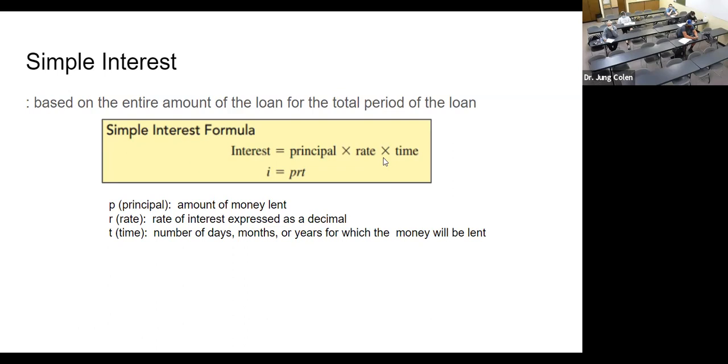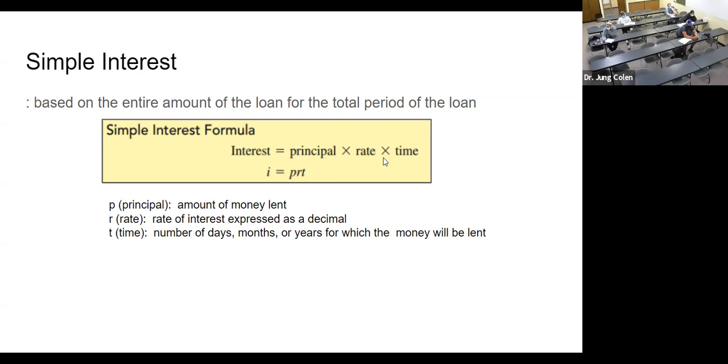So you are thinking back to direct variation. What was the direct variation? y equals kx, something like that. So if the x variable goes up, then the y variable goes up too. So it's directly changing.